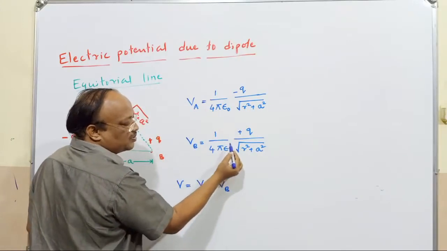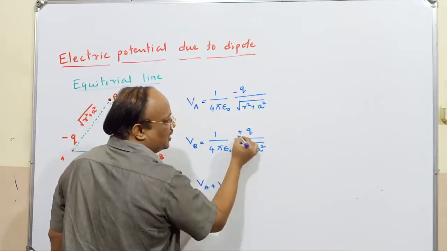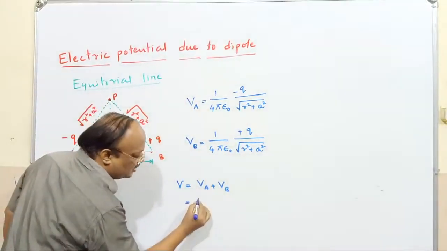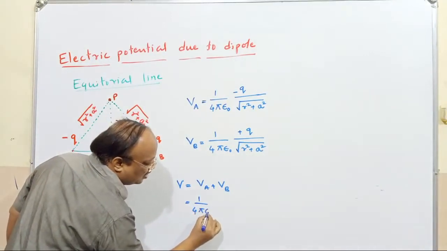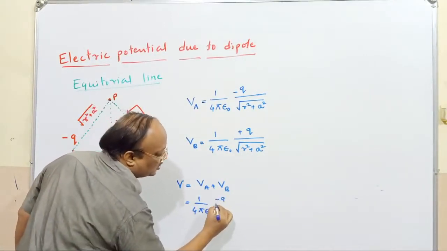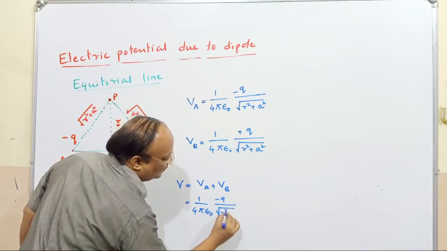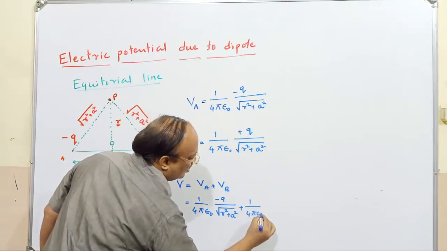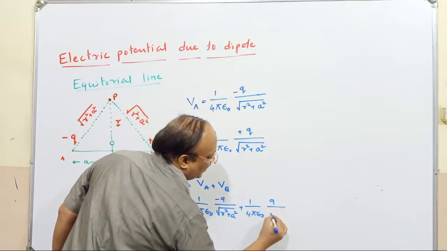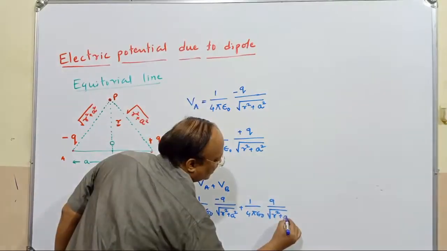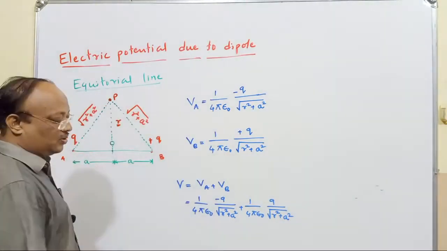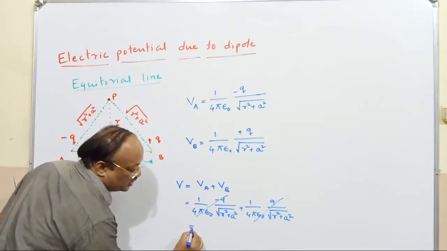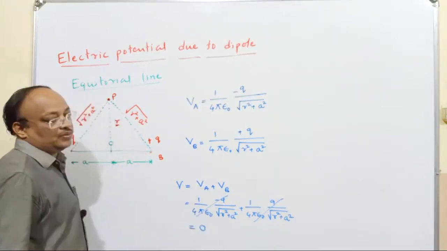Here it is plus q and this is minus q. If we add these two, 1 by 4 pi epsilon naught minus q by square root of r square plus a square plus 1 by 4 pi epsilon naught q by square root of r square plus a square, these two get cancelled. So the potential will become 0.